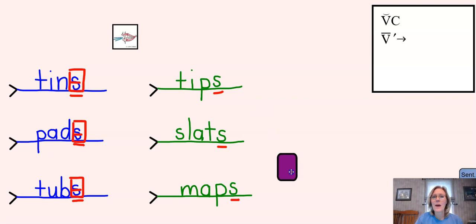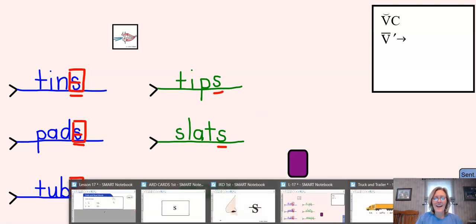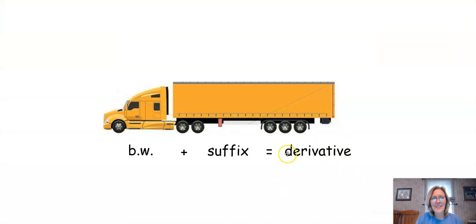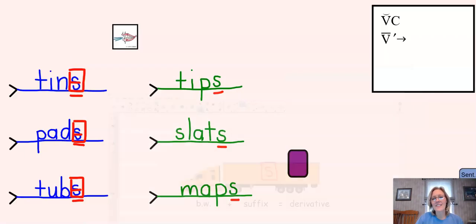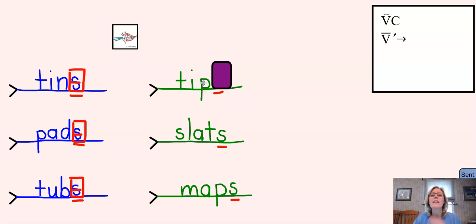Map, maps. We have another set of derivatives, don't we? We had a base word, which was the word, and the suffix S. So we are talking about suffix S, aren't we? But this suffix S didn't make the same sound as these, did it? And I want you to notice why. When you have a suffix S after a base word, if the final sound is unvoiced, so let's listen to this, tip, p, p.